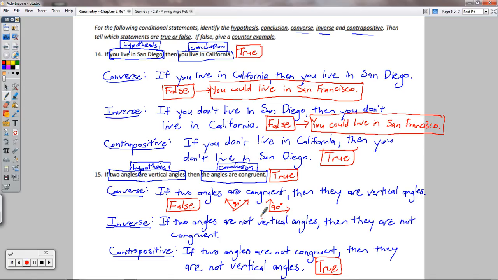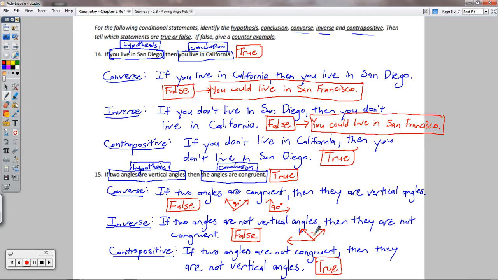Inverse, if two angles are not vertical angles, then they are not congruent. Well, the same thing applies here. This is going to be false as well. I could use the same counterexample if I wanted to. Why don't I just come up with a different looking one just so you see another one. These are not vertical angles, this one and this one, but I'm saying that they are congruent.